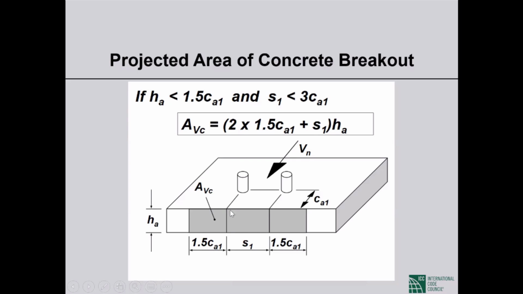This distance is 1.5 times C sub A1. This distance is 1.5 times C sub A1. And the depth is H sub A. So what is breaking out? A sub B is 2 times 1.5 C sub A1, this side and that side, plus S sub 1 times the H sub A.